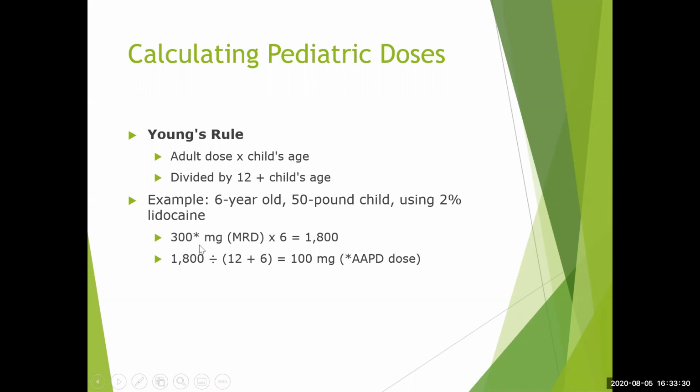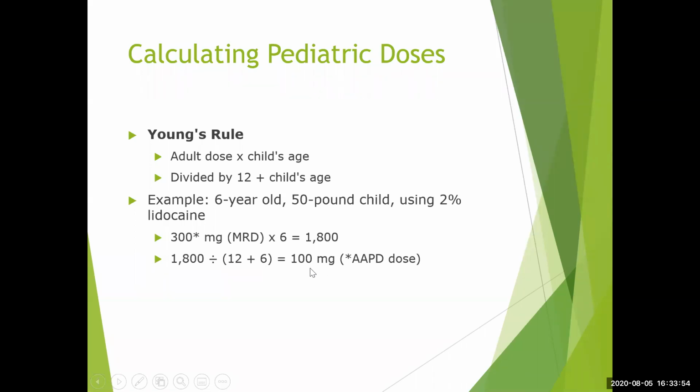Again, the lidocaine is 300 milligrams, that's the MRD based on the AAPD. So you multiply this by 6, the child's age, and then you take the product, 1,800, and divide that by 12 plus the child's age, 6, and you find out that this child can have a maximum dose of 100 milligrams.